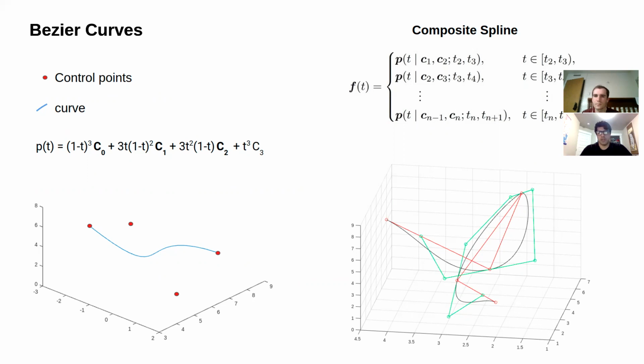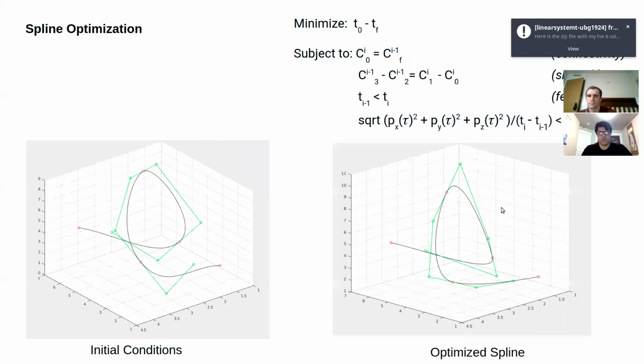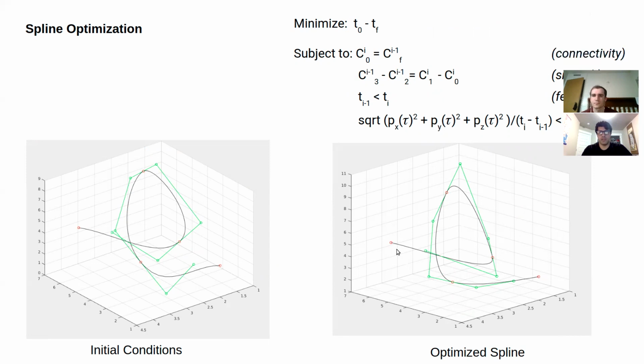In order to produce a full path, we have to do a composite spline of these Bezier curves, where in between each two waypoints, you have a curve. And we can turn this into an optimization problem. As you can see on this next slide, we have these constraints at the top. We're trying to minimize the time.